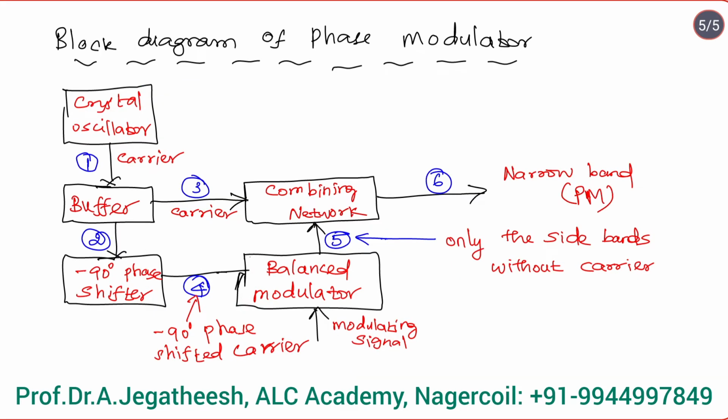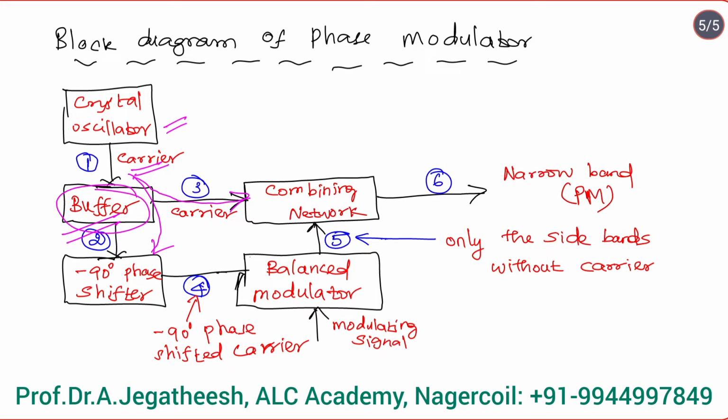This block diagram shows the basic operation of the phase modulator. In this, the crystal oscillator produces the stable unmodulated carrier signal, and this carrier is applied through a buffer to the minus 90 degree phase shifter, and the same carrier is also applied to the combining network through a buffer.